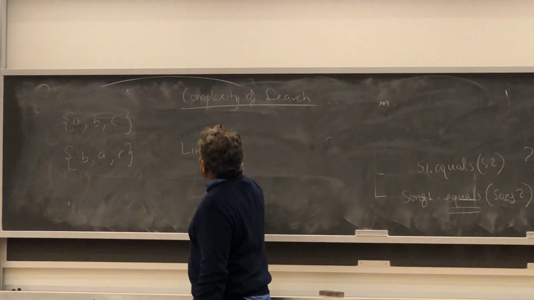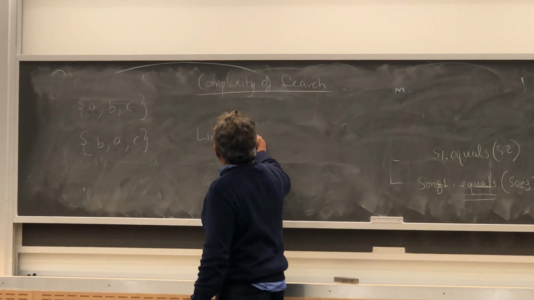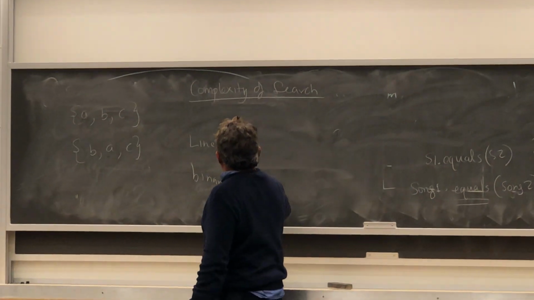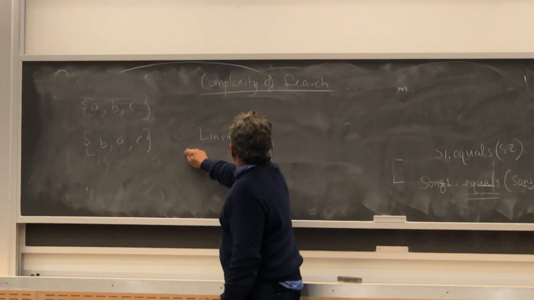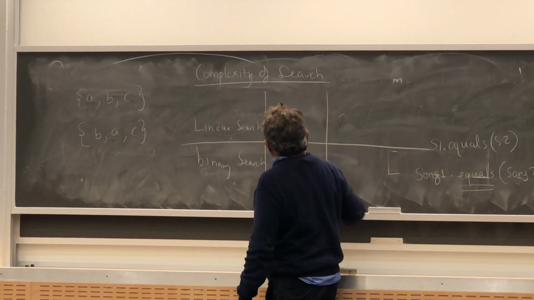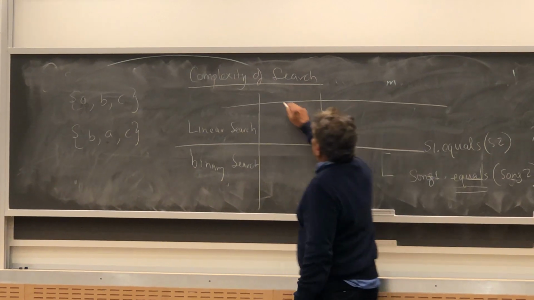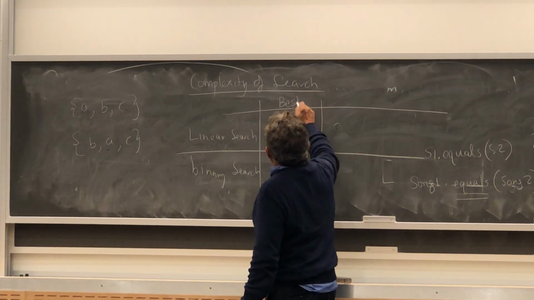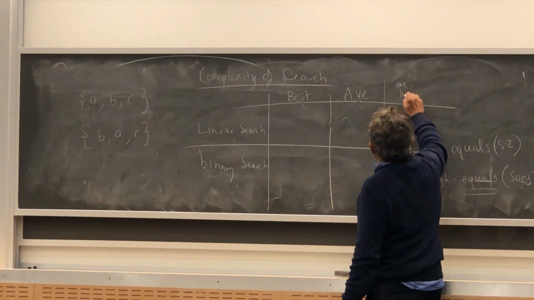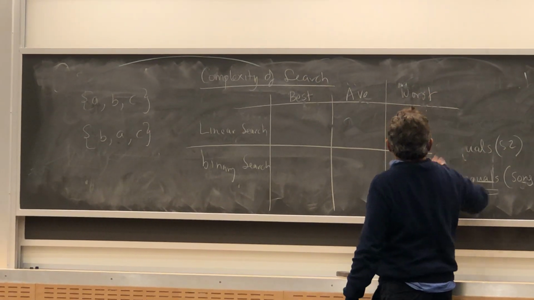There are two search algorithms we know, linear search and binary search. All right, and we're going to talk about the best case, the average case, and the worst case.